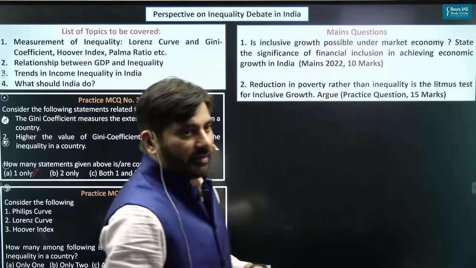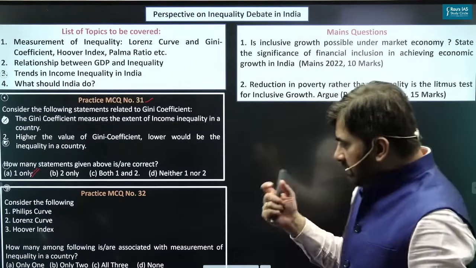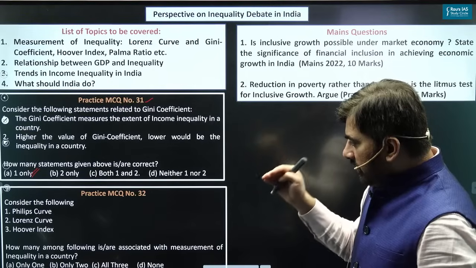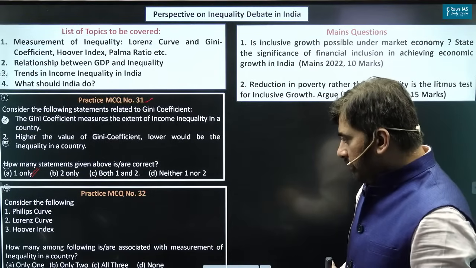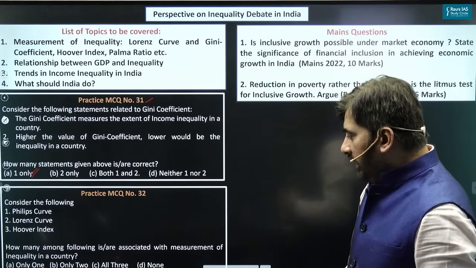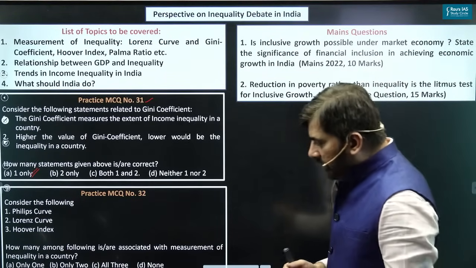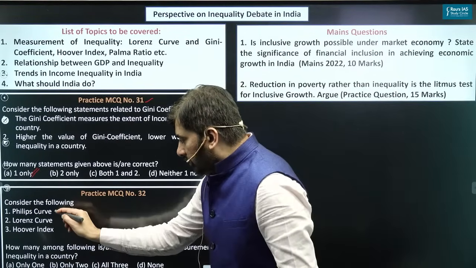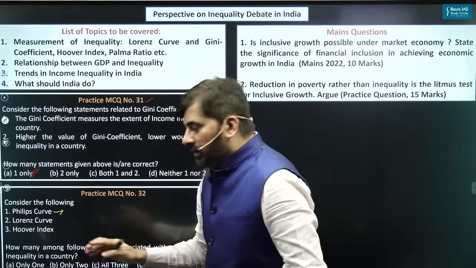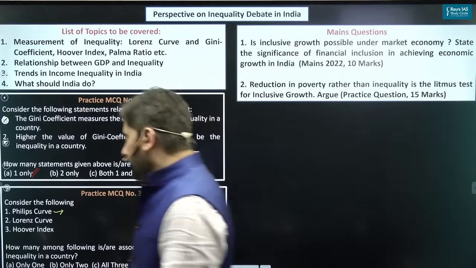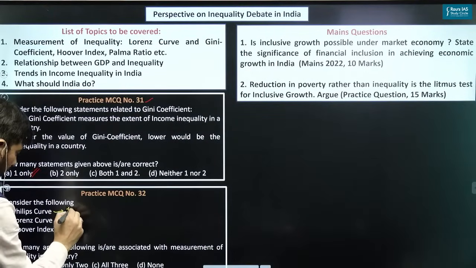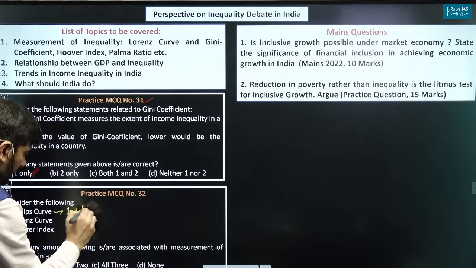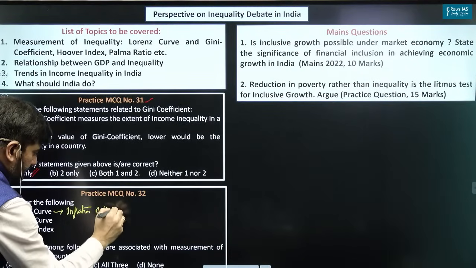Practice MCQ number 32. Consider the following: Phillips curve, Lorenz curve, Hoover index. Which among the following are associated with measurement of inequality in a country? Phillips curve is a curve which shows the nature of relationship between inflation and unemployment.